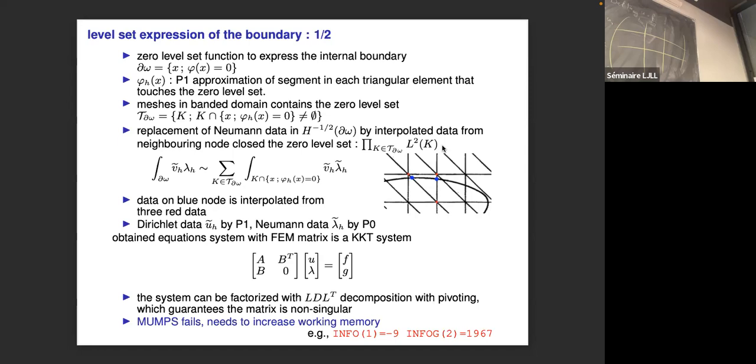I can write the function space. And then the last thing is the matrix obtained as this KKT system, A, B transpose, B, 0, very close to the Stokes equation. So if the linear solver is clever enough, this could be solved.